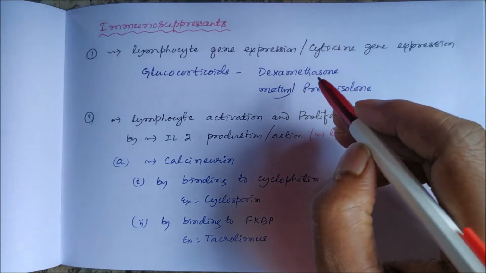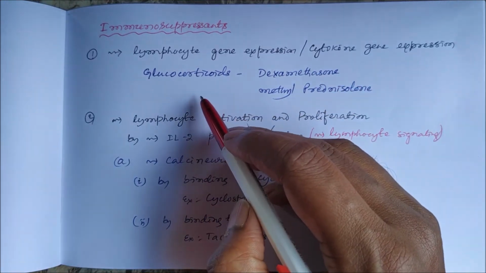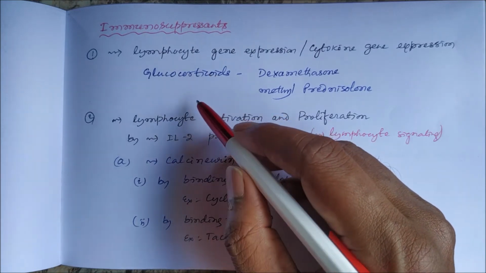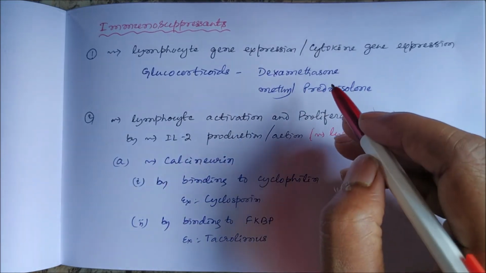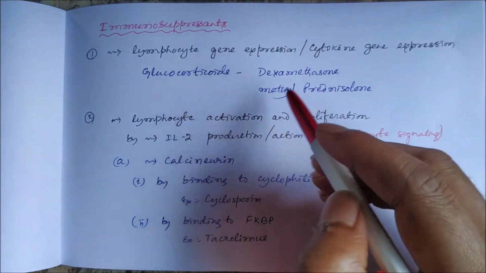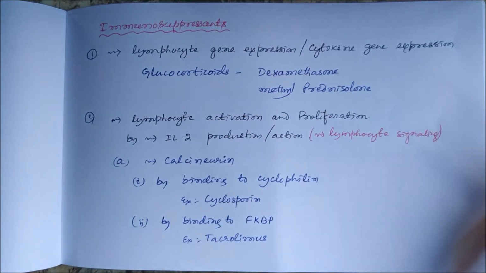In addition, they also suppress the COX gene and inhibit the release of prostaglandins. And in this way, glucocorticoids like dexamethasone, methylprednisolone can act as immunosuppressants.